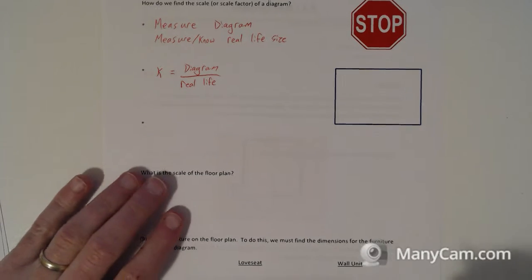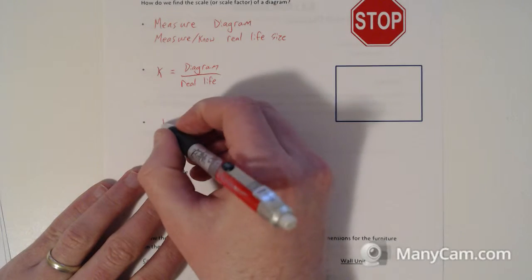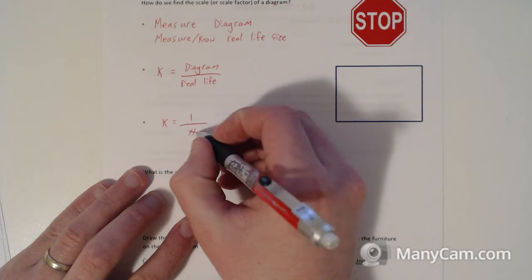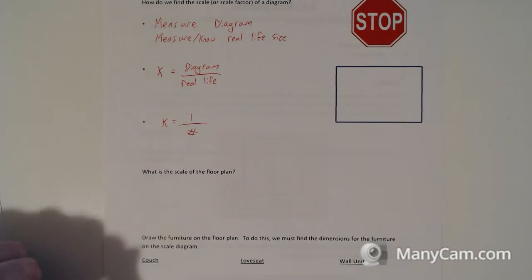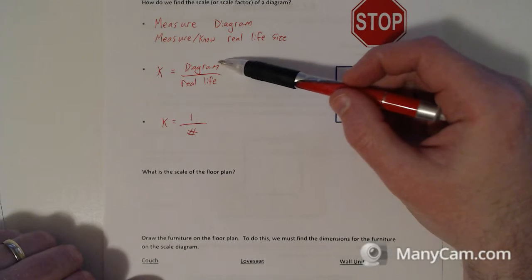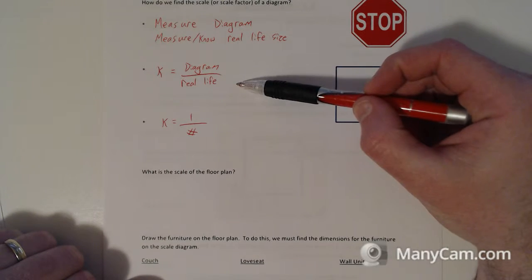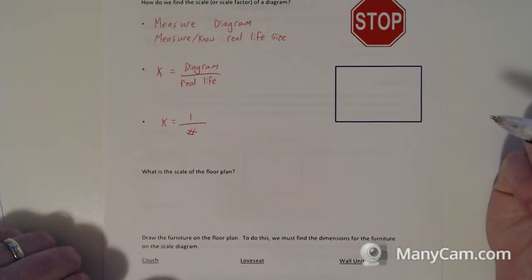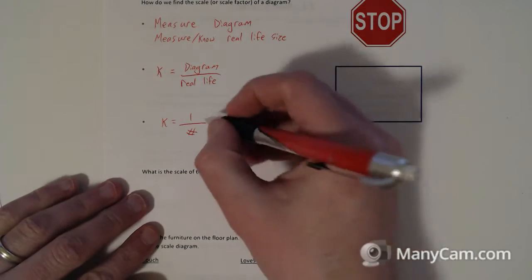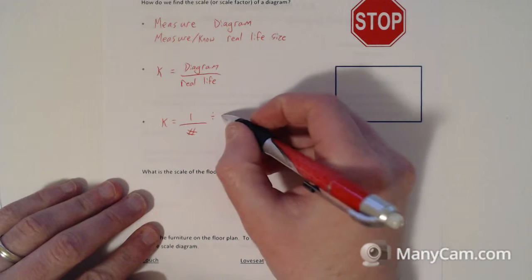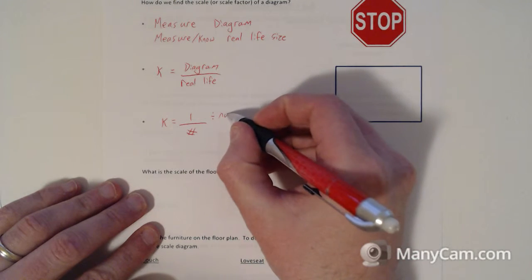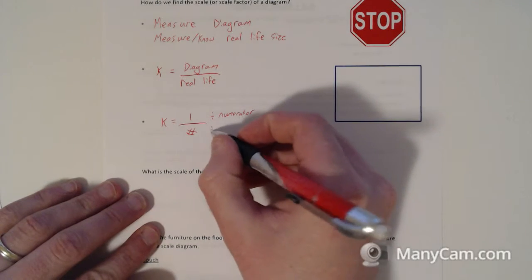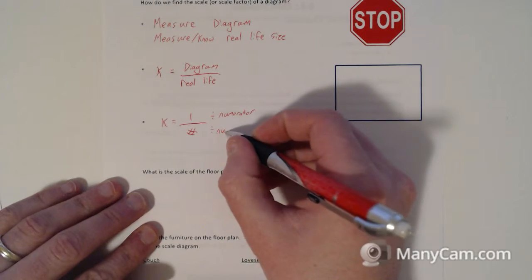And then what you need to do is turn K into a 1 over a number. And how do you turn, if you have two numbers in here, let's say it's like 10 over 12, how do we turn it into 1 over a number? Well, we're going to divide by the numerator on the top and divide by the numerator on the bottom.